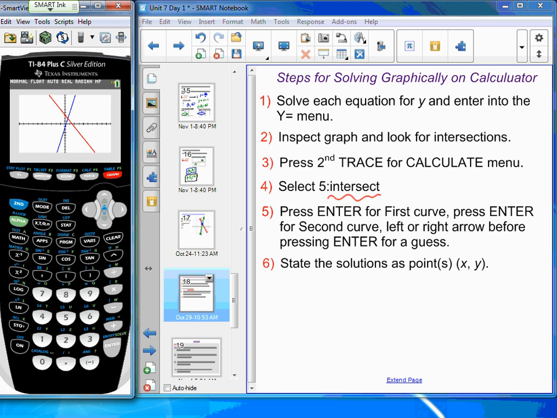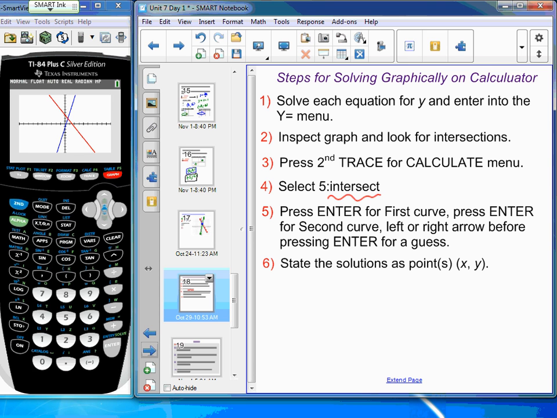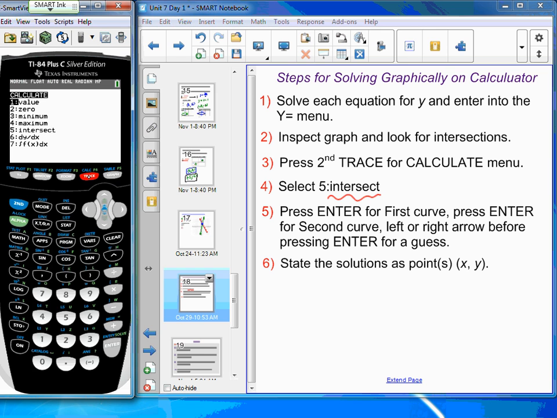How do we do? We did very well. Now we're going to press second trace for the calculate menu. You should be no stranger to the calculate menu because it's got such old friends like maximum and minimum and 0, right? We did all those in our last test. Second calculate maximum, second calculate 0.